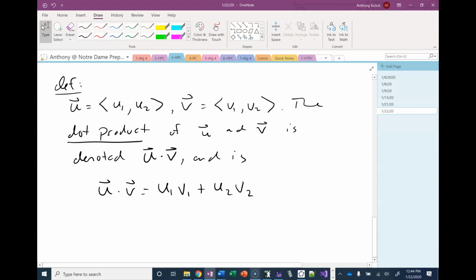So how do we compute a dot product? All we're doing is multiplying the x components together and the y components together and then adding the two answers up.